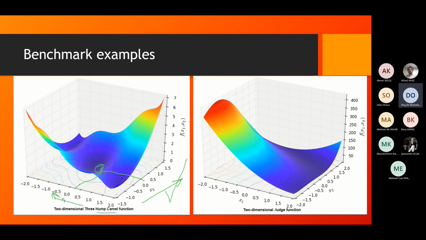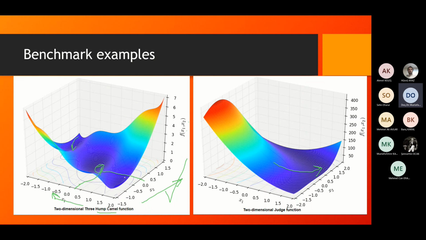How about the judge function? You will randomly create a solution, and by accepting or rejecting it, you will be following the downward and you will find the minimum. But if the minimum solution is here and you create a random solution somewhere here, the algorithm will be going down and it will never come up because it will be trapped under local minima.